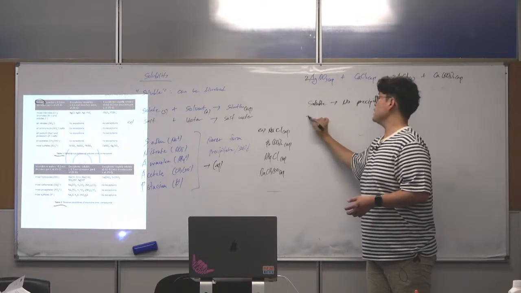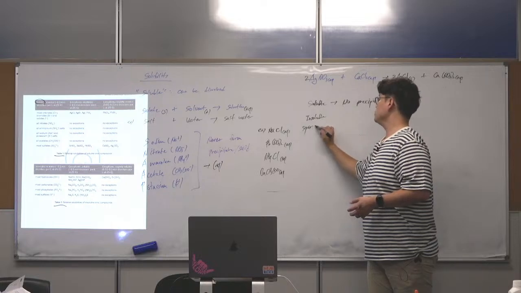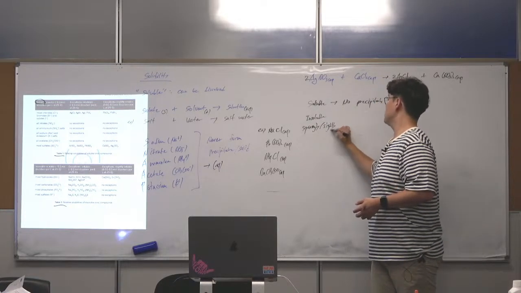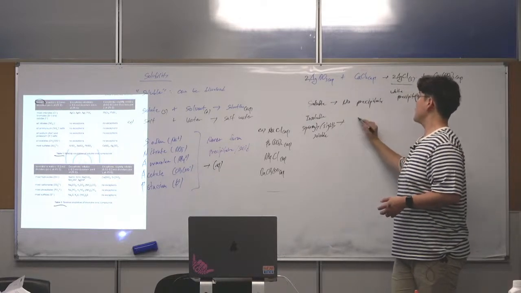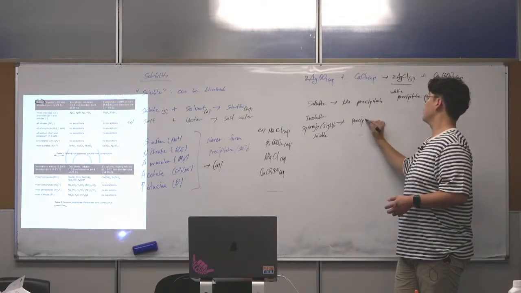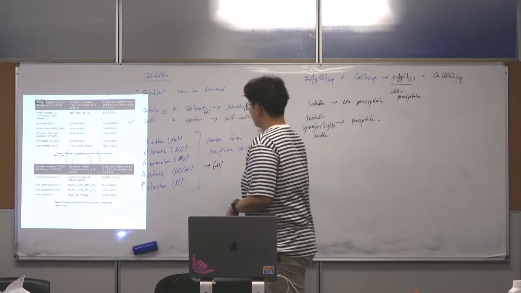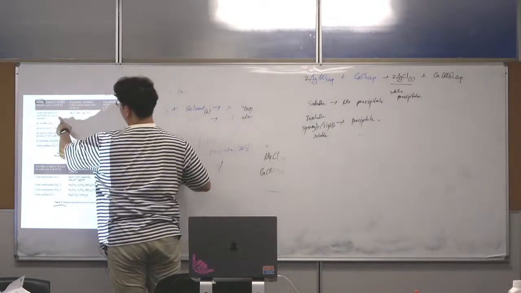But when we say insoluble, or sparingly soluble, or slightly soluble, you may see that a precipitate is formed. So for example, again, most chlorides are soluble, and bromides and iodides as well.